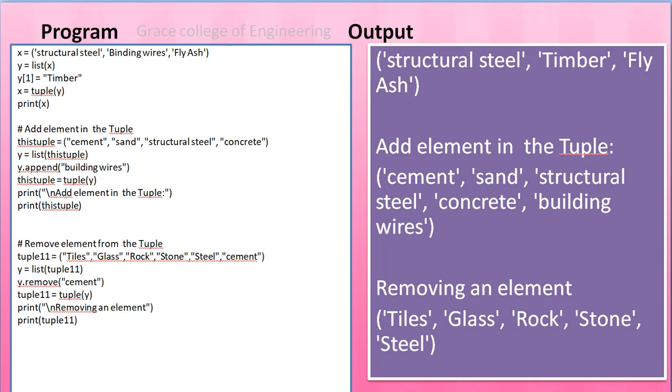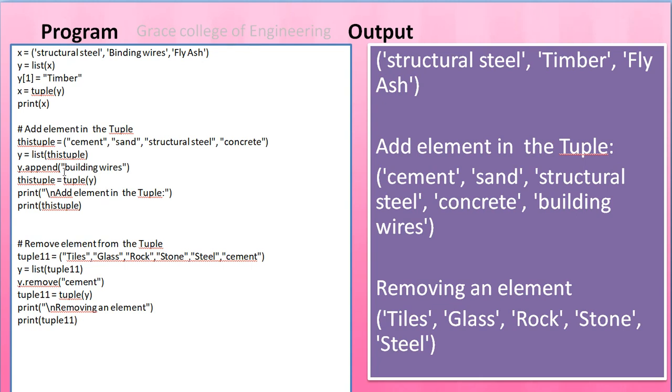And next, the final one, that is adding and removing. In the tuple, if you want to add or remove elements, first you create the tuple, right? The tuple is created. After that, the tuple has to be converted to a list. It will be stored in one variable.